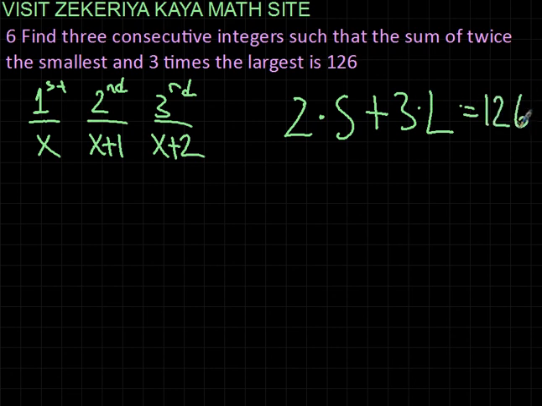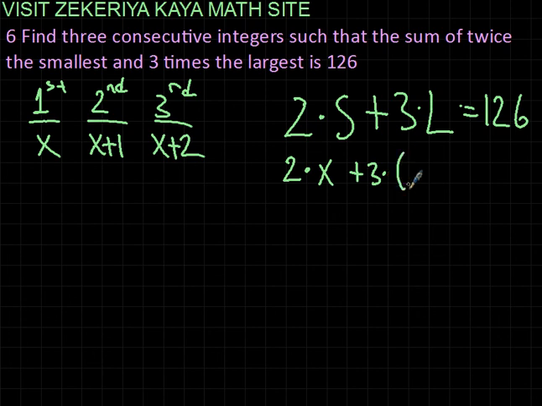It doesn't say the sum of all the numbers. Twice the smallest and 3 times the largest. What is the smallest here? The first one is the smallest. So, 2 times x plus 3 times the largest one, which is the third one.